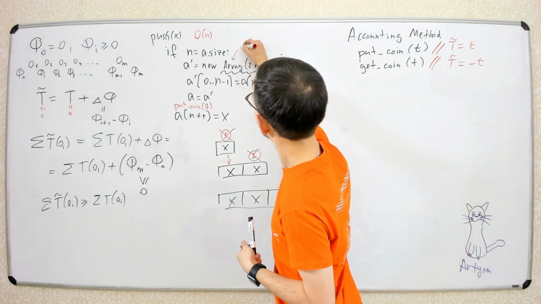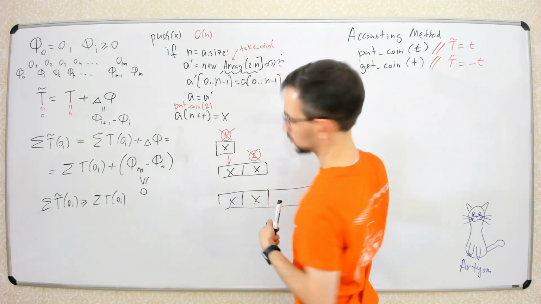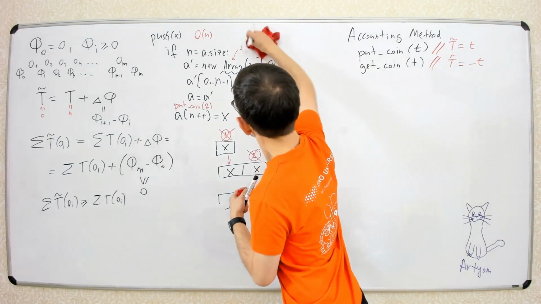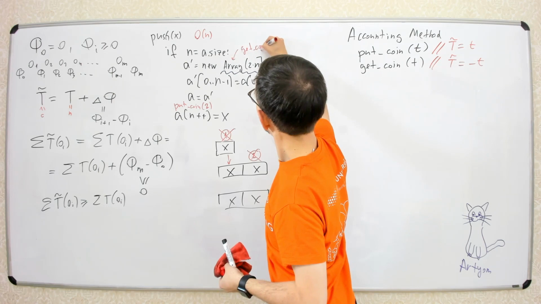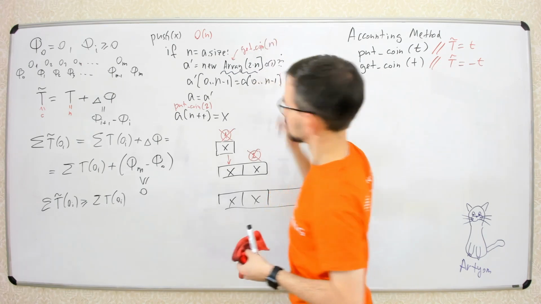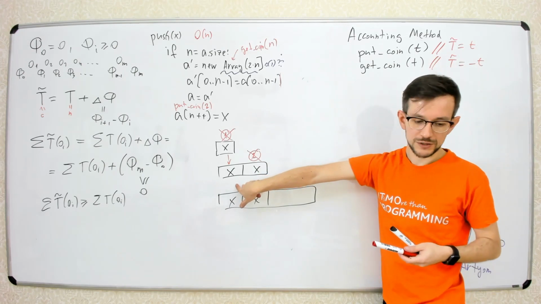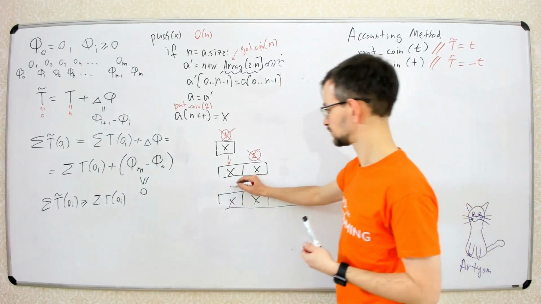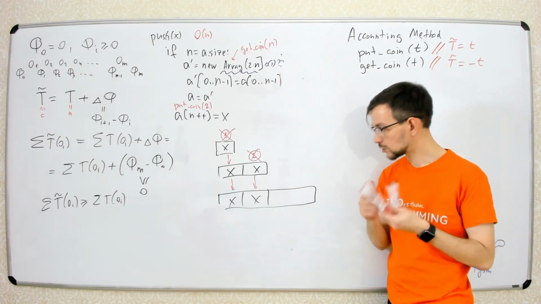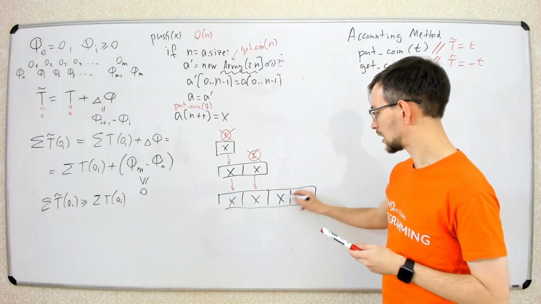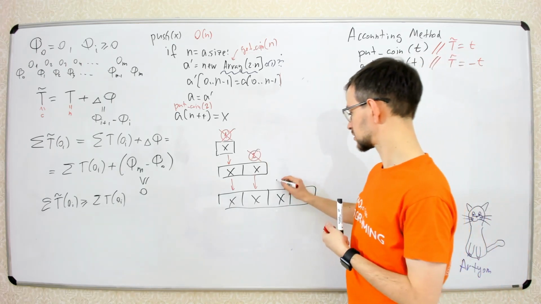Here I say get coin, of size n. So we take these two elements and copy them here. And so on.